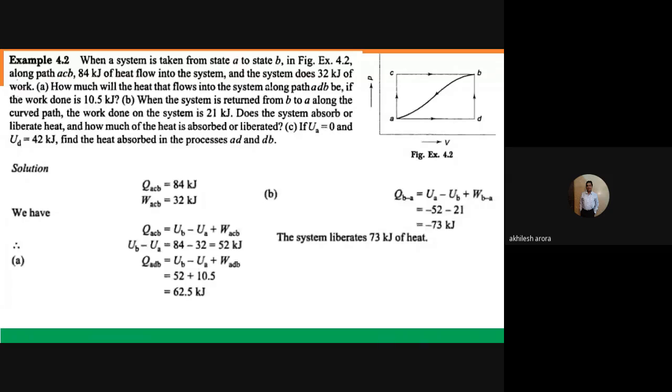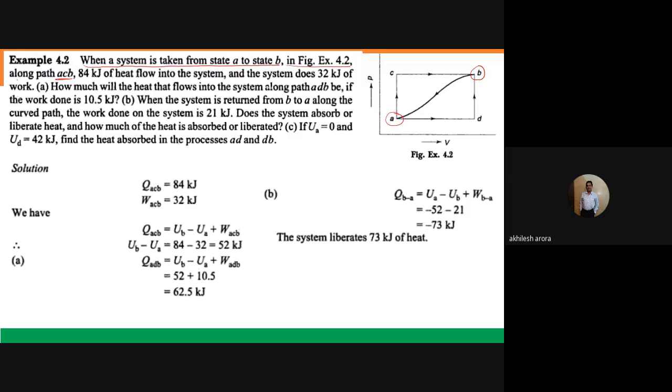Now let us read this numerical problem. When a system is taken from state point A to state B, as shown in figure 4.2, where is the state point A? State point A is here, and this is state point B, along path ACB.